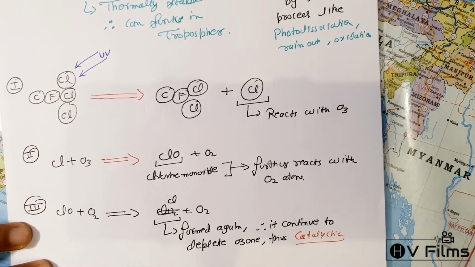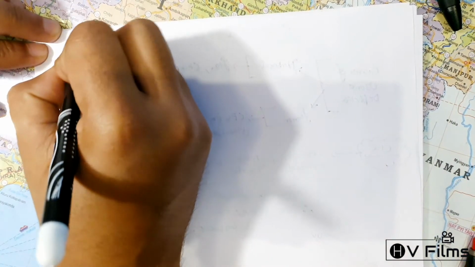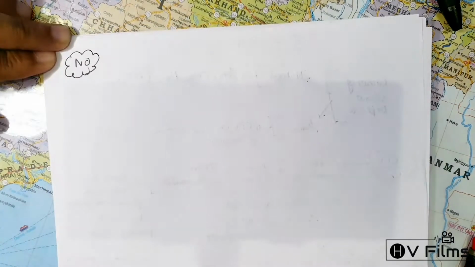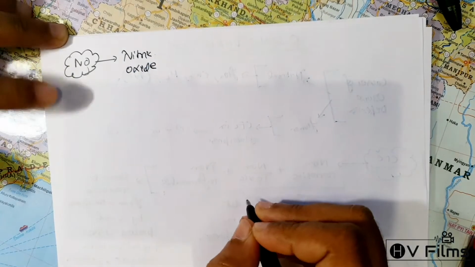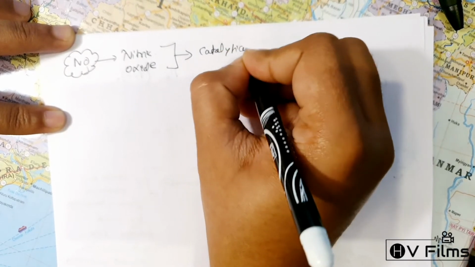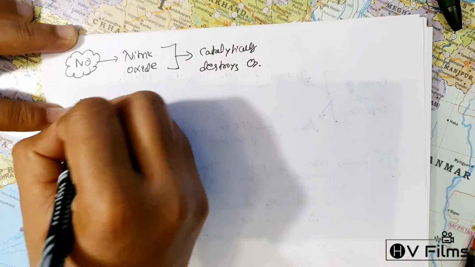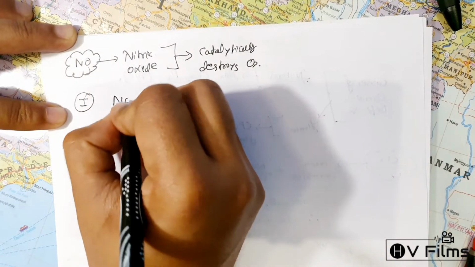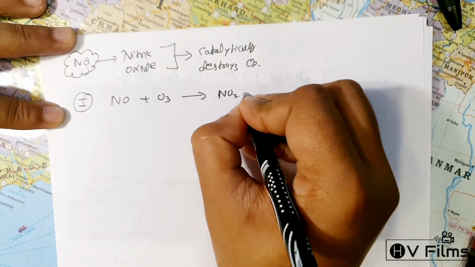Now the other gas which plays a crucial role in depletion of ozone is nitric oxide, NO. This also catalytically destroys ozone. In the very first step, nitric oxide reacts with ozone and creates nitrogen dioxide plus oxygen.